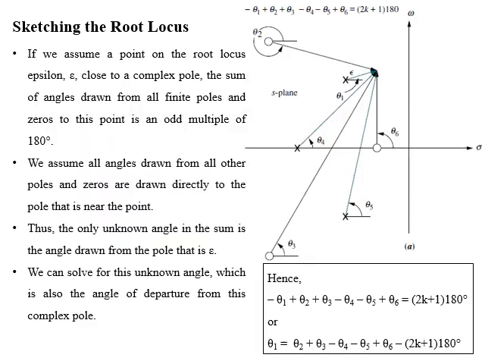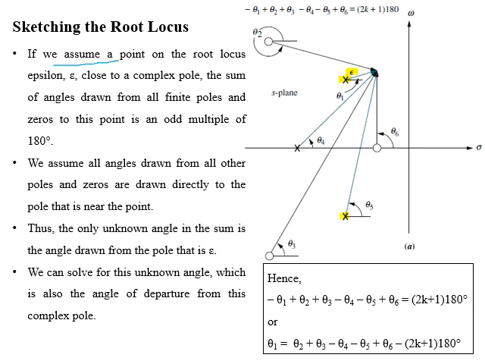Dear students, in the figure we have the pole zero map of an open loop system which has complex poles and complex zeros. And now we will find the angle of departure for complex poles.